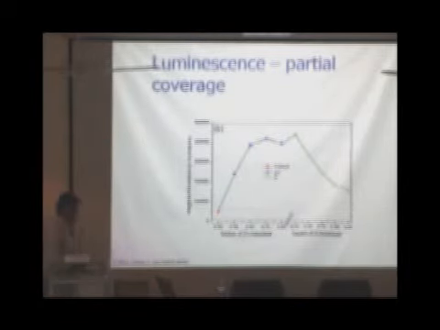What we thought was, let's coat it partially. We don't coat a full monolayer of zinc, but a partial monolayer of zinc, and see what happens. So what happened was, at about 50% zinc coverage you get the maximum fluorescence intensity, and then it flattens out, and when you're coating sulfur, it falls down. So why does it flatten out over here?